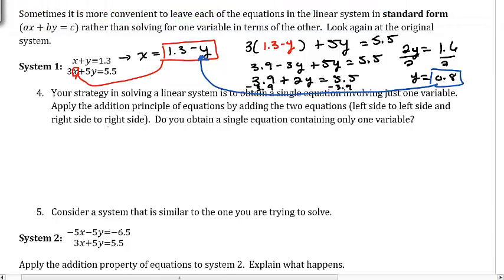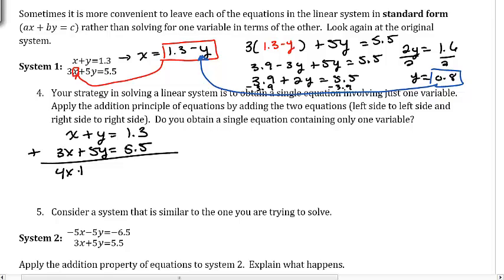With the addition method, you add the right-hand side and the left-hand side of the equation together, and they're wanting us to do this just as the equations are right now. Oops, that should be a 1.3. So if we add these together, x plus 3x is 4x, and y plus 5y is 6y, and 1.3 plus 5.5 gives us 6.8.